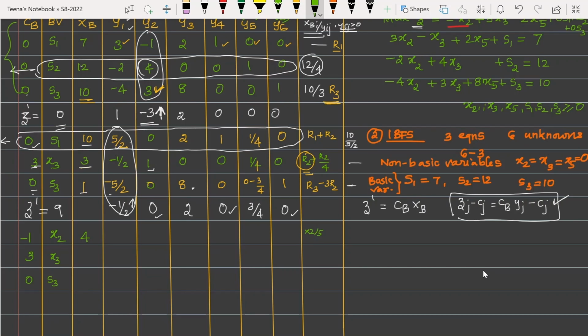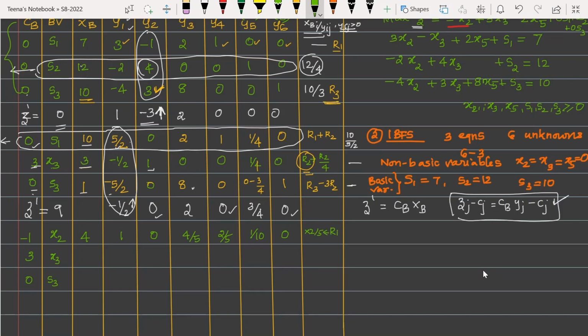Then as the next element it is 5 by 2 into 2 by 5, that is 1. Then we have 0. Then we have 4 by 5, 2 into 2 by 5. Then 2 by 5. Then it is 1 by 4 into 2 by 5, that is 1 by 10. Then the last element is 0. So this is our current R1.